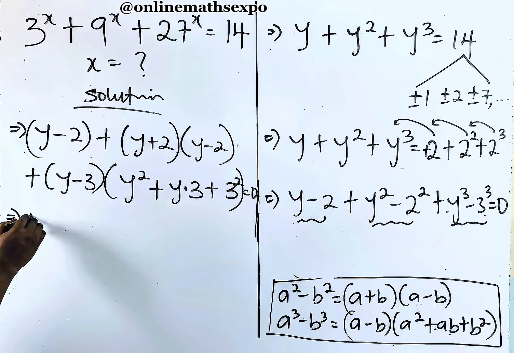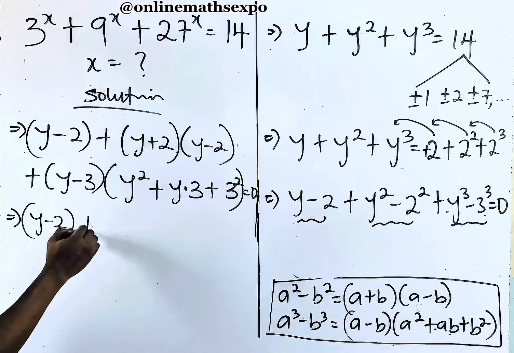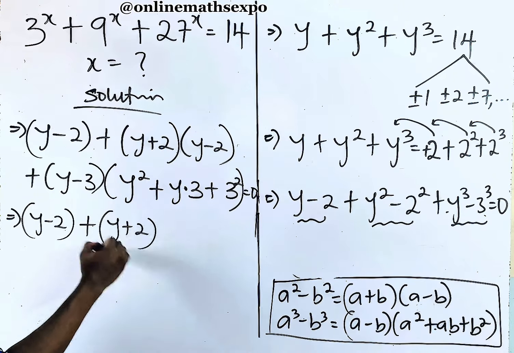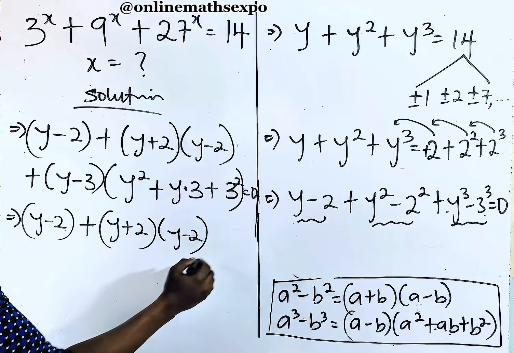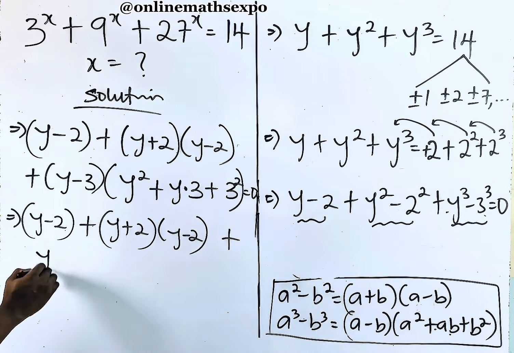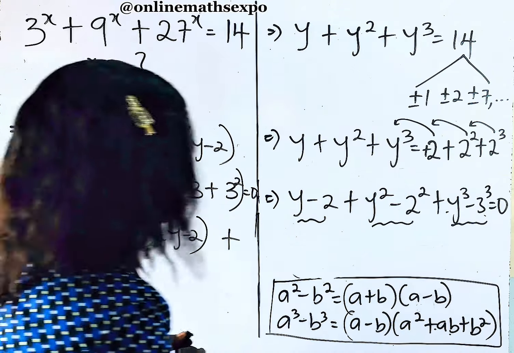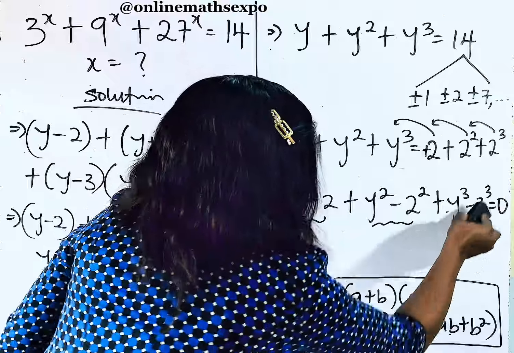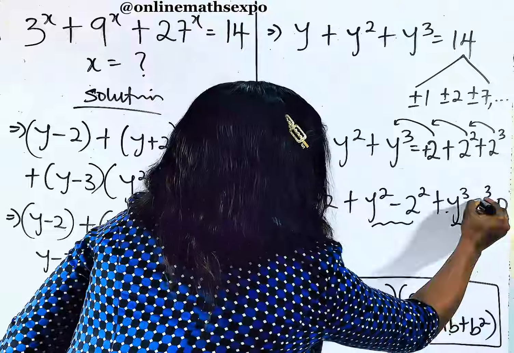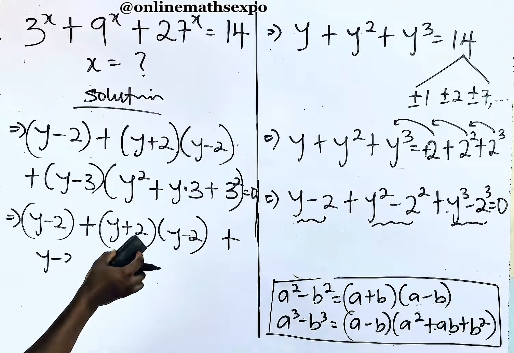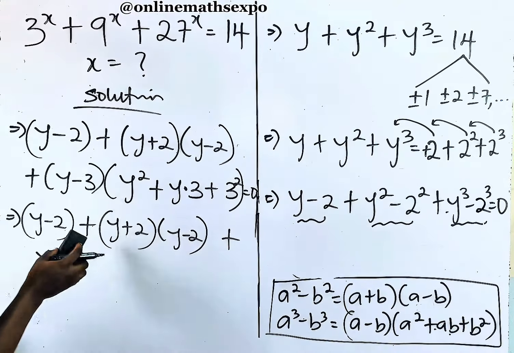So this gives us y minus 2 plus y plus 2 into y minus 2 plus y minus 2. Please let's correct this. This is y minus 2 cubed. Sorry about that. So let's effect it here. We also have y minus 2.